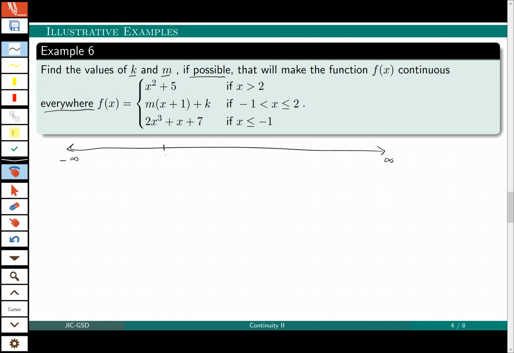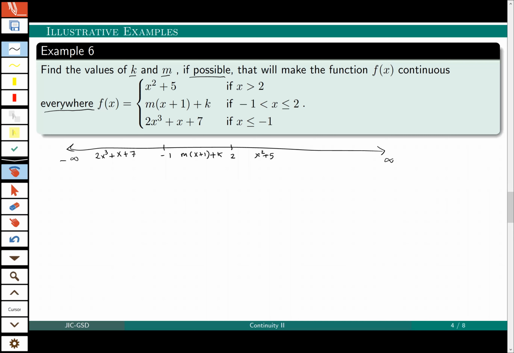From -1 to 2, we have the function m times x plus 1 plus k. If it is more than 2, it's x squared plus 5. If it is smaller than -1, it's 2x cubed plus x plus 7.